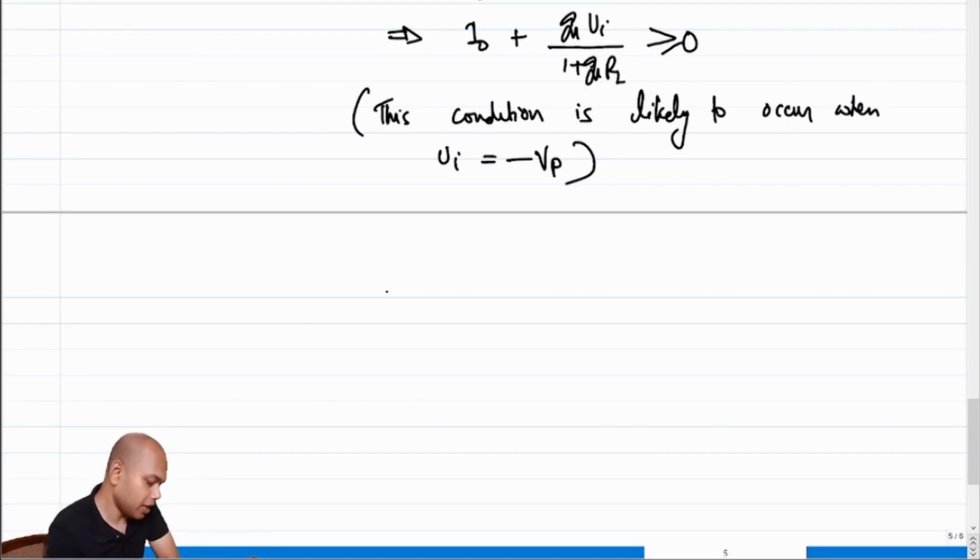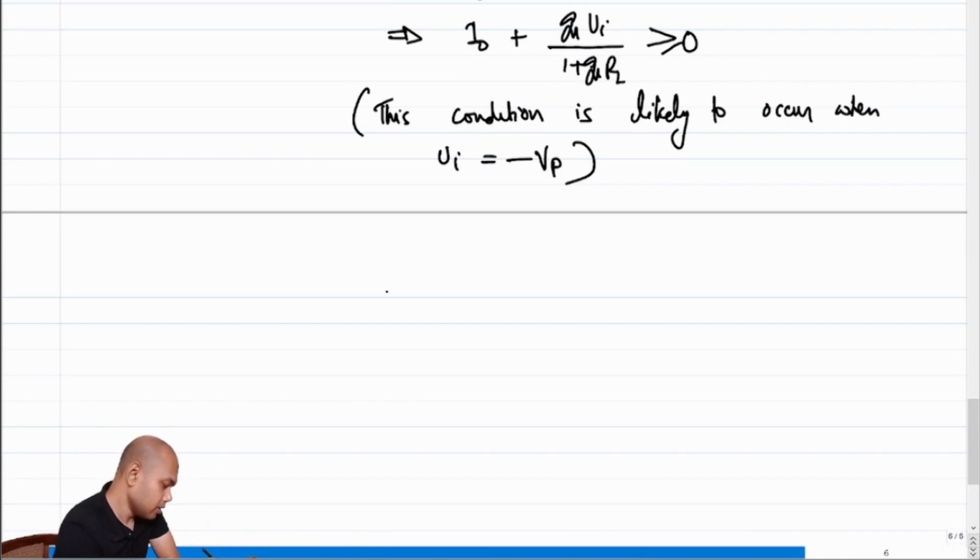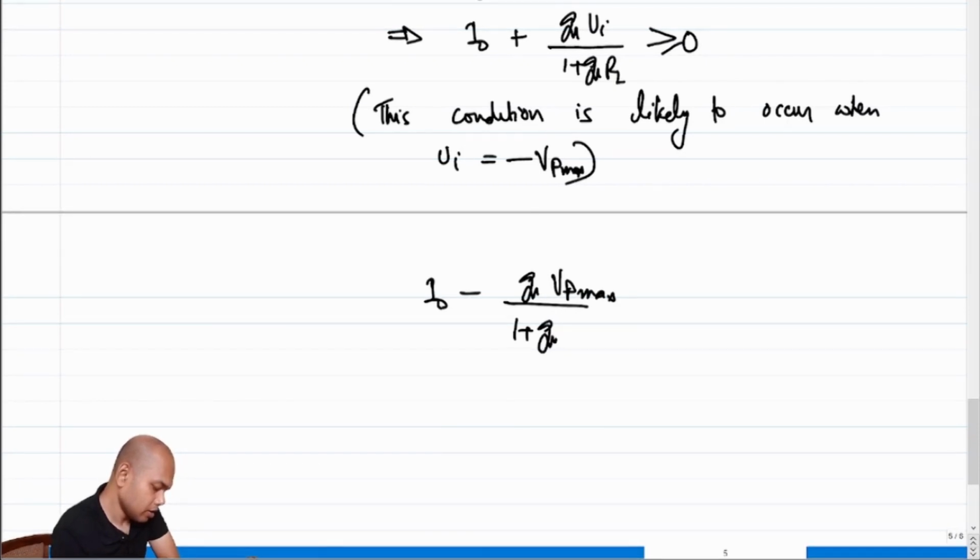It goes to the lower end of the cycle. So this becomes I naught minus gm times Vp by 1 plus gm RL, or Vp max in this case, right?